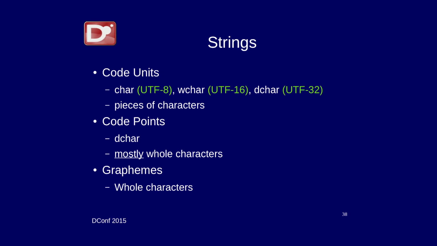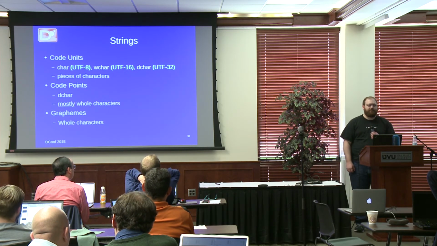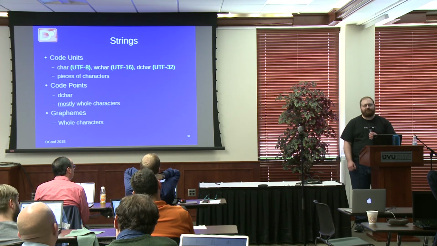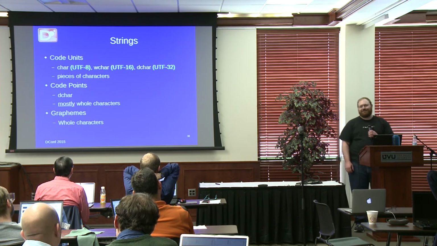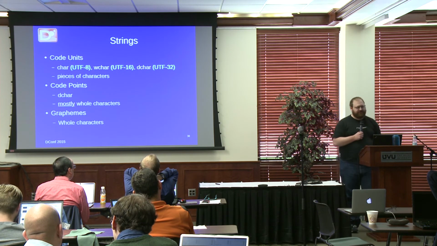The code point is basically a whole character in terms of what you would recognize as such, or it's a modifier on one. So you could have E, but then the accent as separate, and those are really supposed to be one character when they're displayed on the screen. But for that, you need a grapheme, which combines code units and code points and gets into issues of normalization and all kinds of nasty fun.